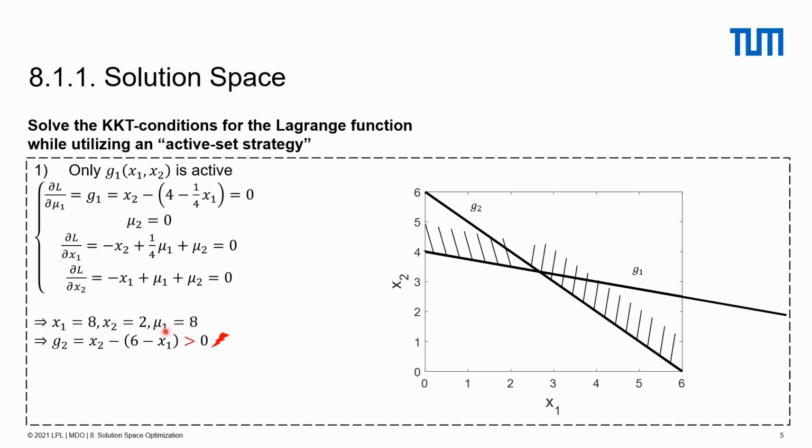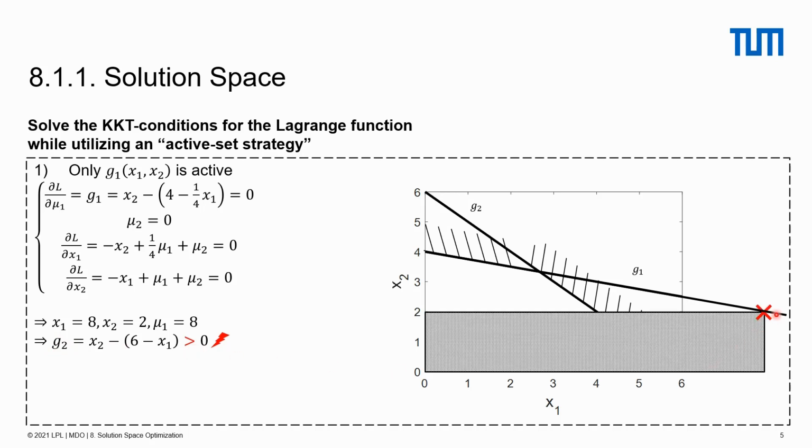With this solution we can see that G2 is bigger than 0: x2 minus (6 minus x1) is 2 minus (6 minus 8), which is 2 minus (minus 2), so 4... that is bigger than 0. That means G2 is violated, so it's not a feasible solution. When we draw the box, it's here, and we can see that this box is not entirely in the feasible range.